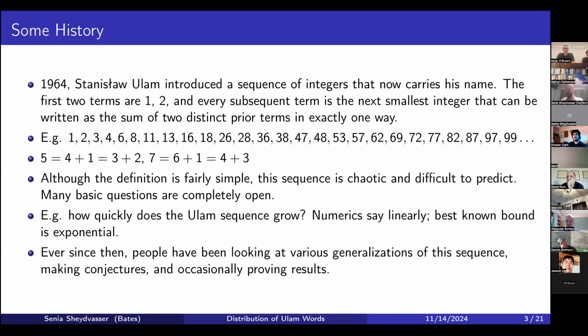But I think that there maybe is some general phenomenon like this. Ulam words, on the other hand, are very different. A lot of things seem to be flipped on their head. So first of all, this idea of Beit et al., projecting onto an integer lattice, doesn't work.